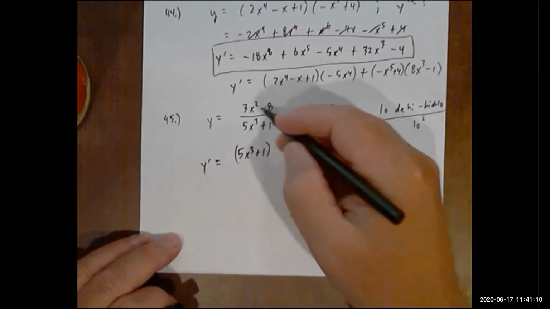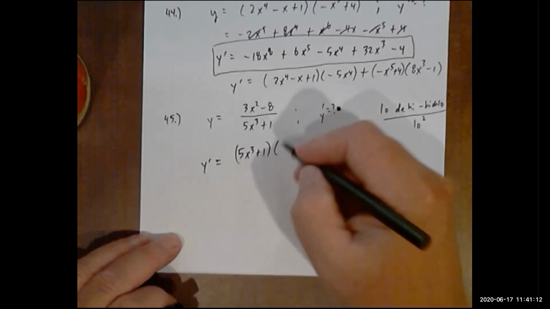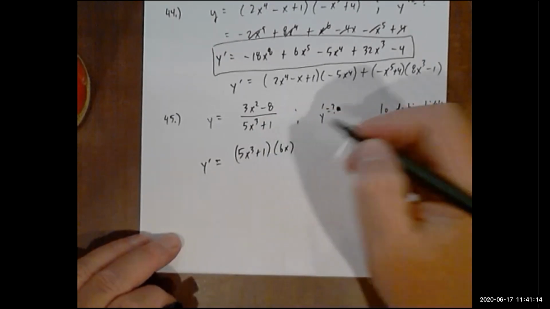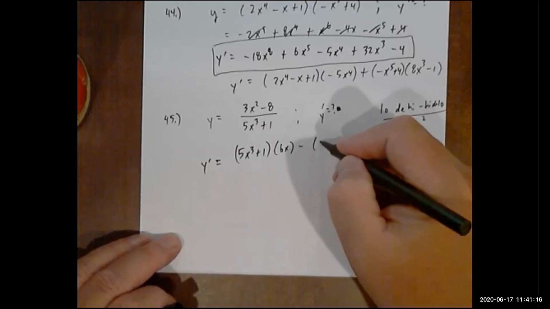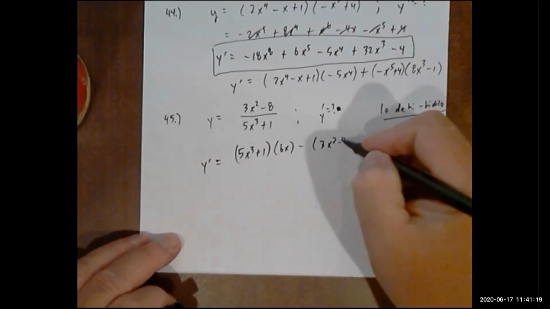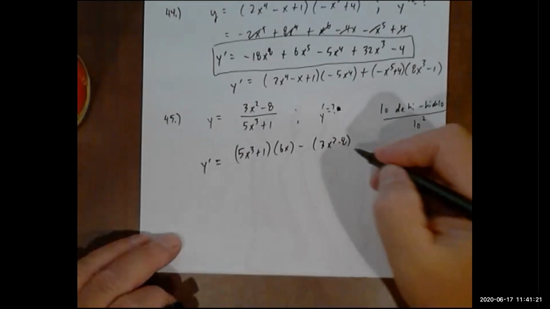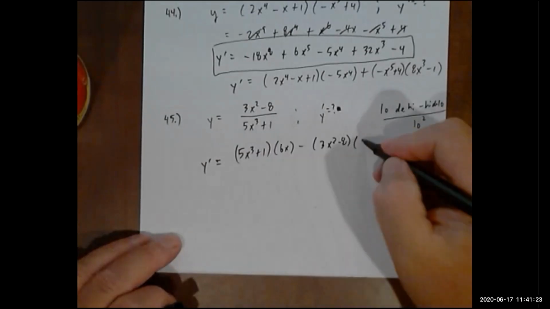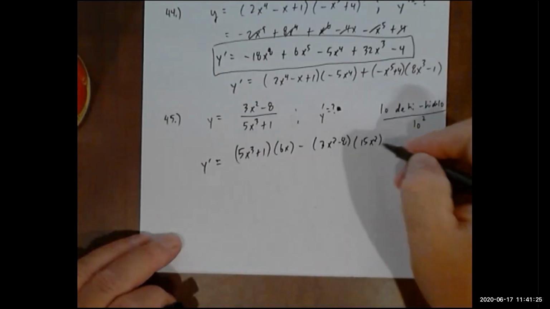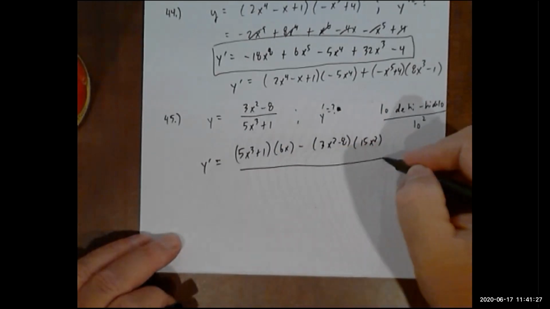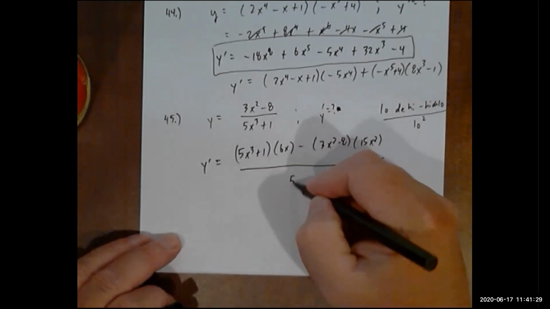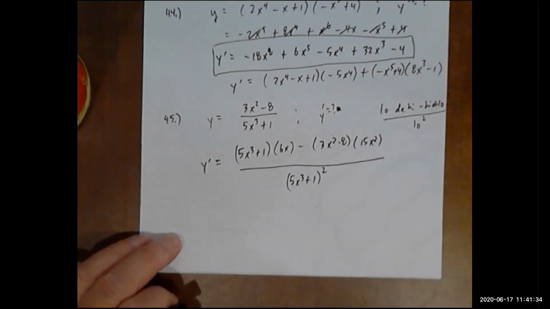Low d high, derivative of what's up here, 6x, minus high, so I copy down what's in the top. D low, derivative of what's down here, over the low squared.